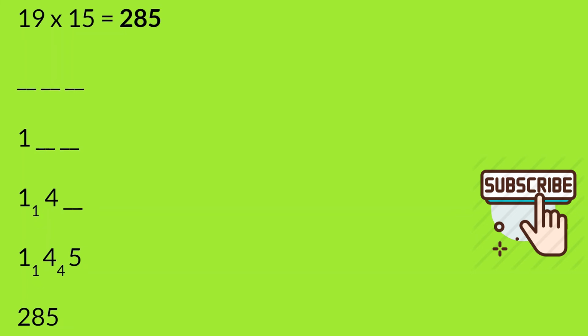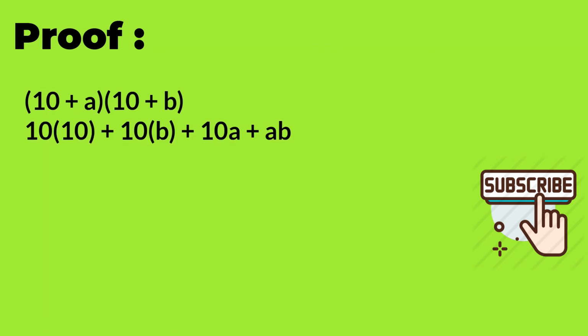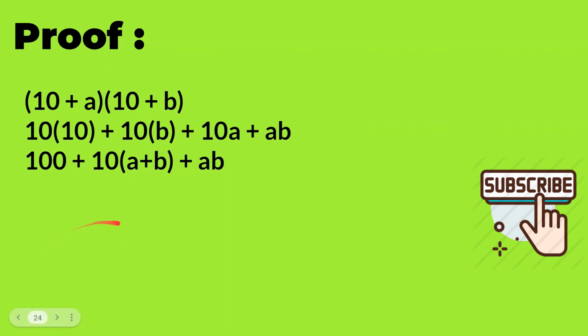Now let's see the proof of this trick. So let's say that our numbers are 10 plus a and 10 plus b, since both the numbers have the tens place as 10, so on opening the brackets we will have 10 times 10 plus 10 times b plus 10 times a plus ab. So that's 100 plus taking 10 common in a plus b and plus ab.